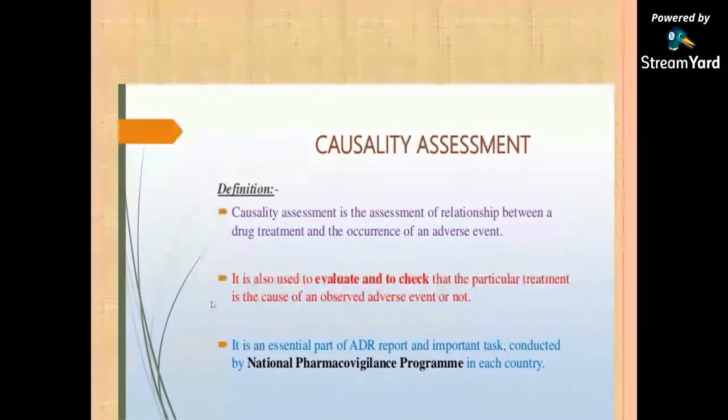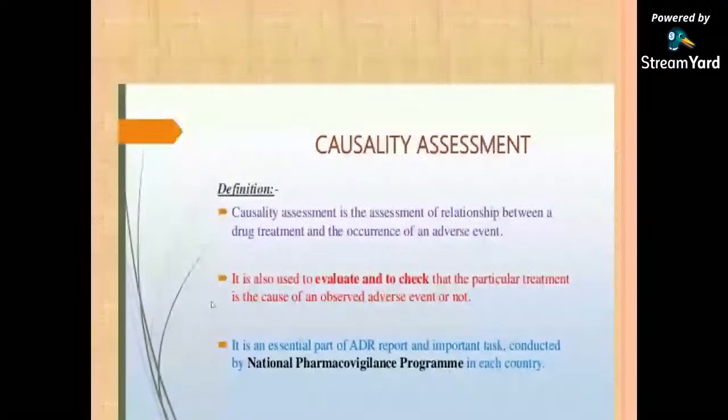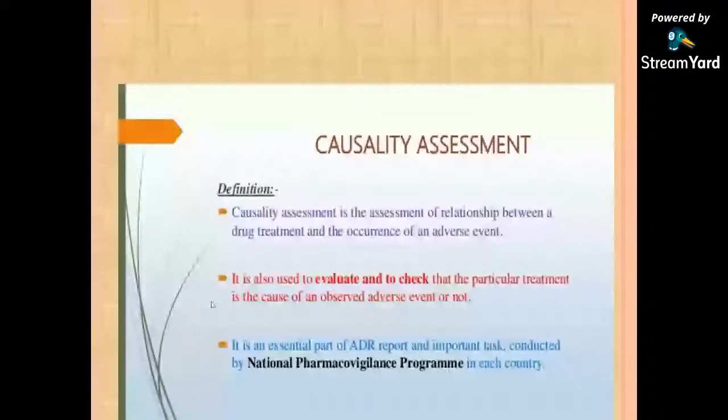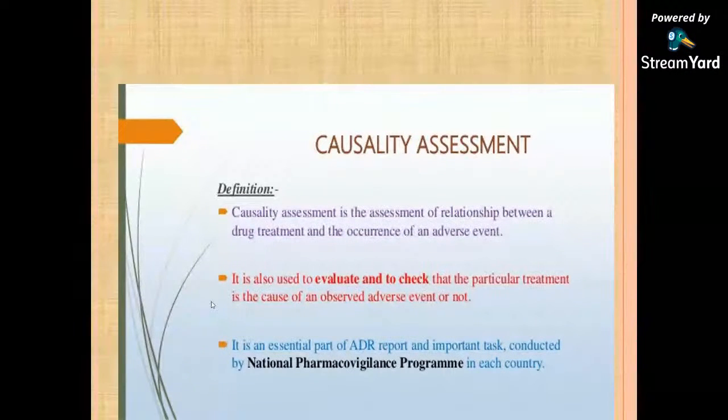Causality assessment is the assessment of the relationship between drug treatment and occurrence of the adverse event. It is used to evaluate and check whether the particular treatment caused the observed adverse event or not.